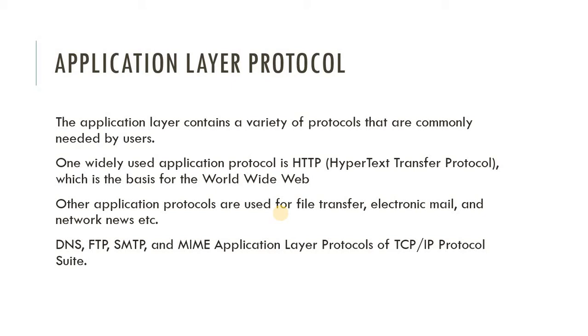One widely used application layer protocol is HTTP, the Hypertext Transfer Protocol, with which we are all familiar, which is the basis for the World Wide Web. Other application protocols are used for file transfer, electronic mail, network news, etc. Those protocols are DNS, FTP, SMTP, and MIME, etc. These are the multiple protocols that we will learn in this chapter.